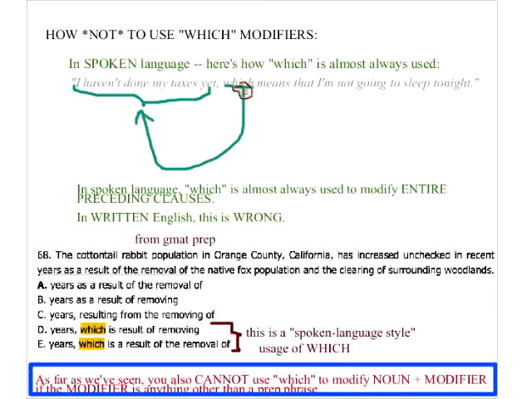The issue of nouns plus other modifiers has not really been 100% settled. They haven't actually come out and said prep phrases only, but the evidence that we have accumulated is that other kinds of modifiers after "which" are not generally okay. If we find anything to the contrary, I'll make sure to mention it in a future session.